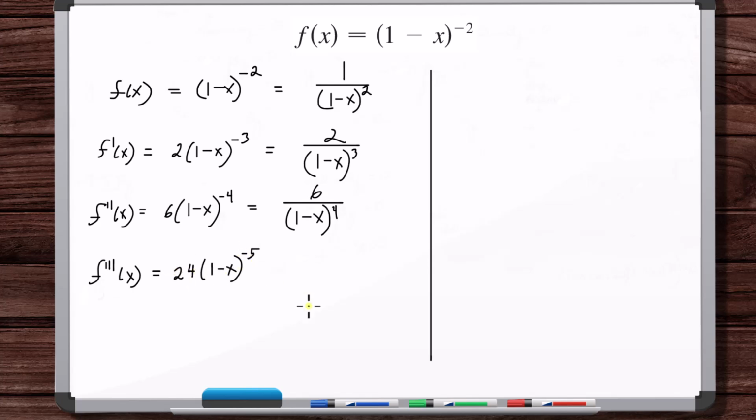Minus 4 minus 1 is minus 5. Okay, let's go one more. 24 times 5 is 120. So this is going to end up being positive 120. And then minus 5 minus 1 is minus 6.